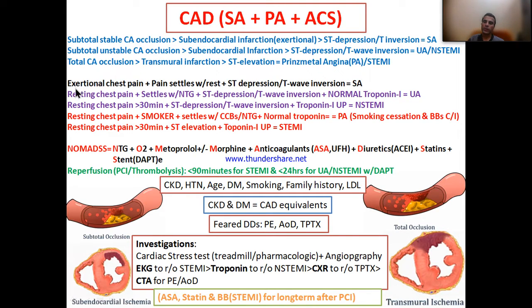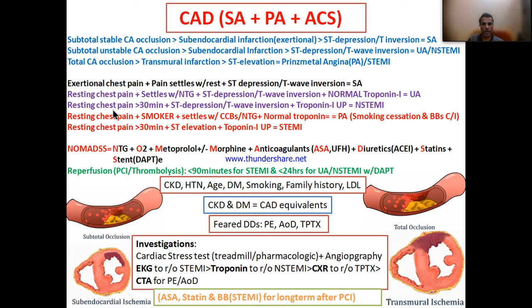If there is chest pain with exertion, and EKG changes occur only during exertion, and all these symptoms return to normal with rest, then we are dealing with stable angina. If there is chest pain during rest and troponin level is normal and the pain settles with sublingual nitroglycerin, then we are dealing with unstable angina.